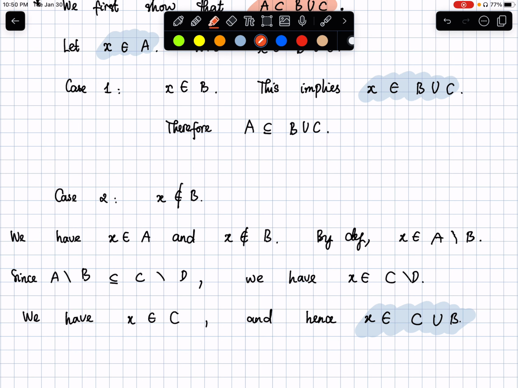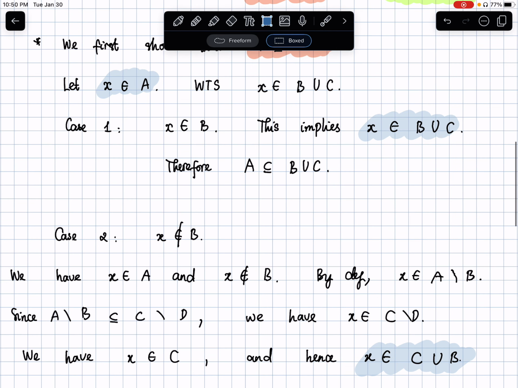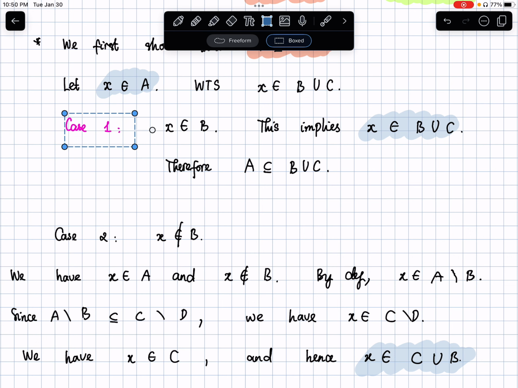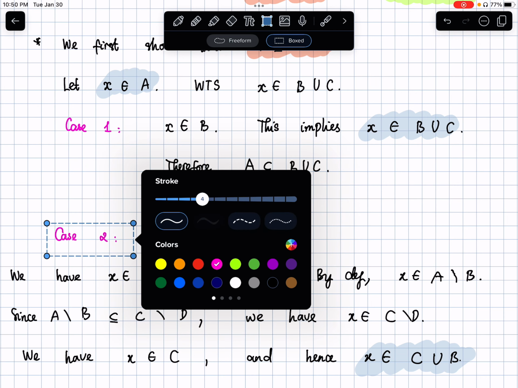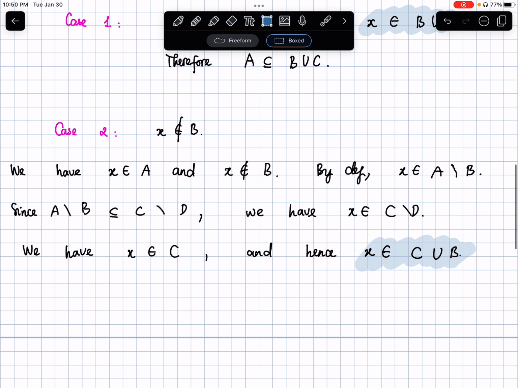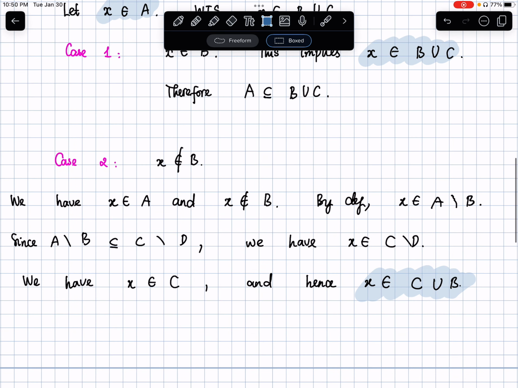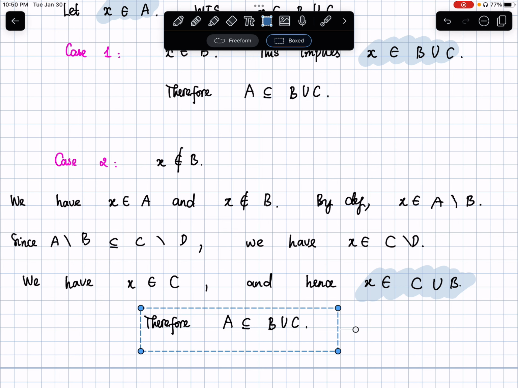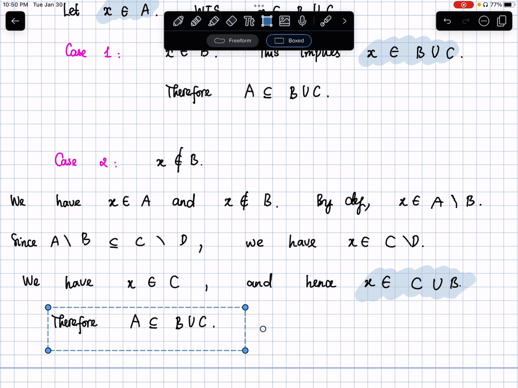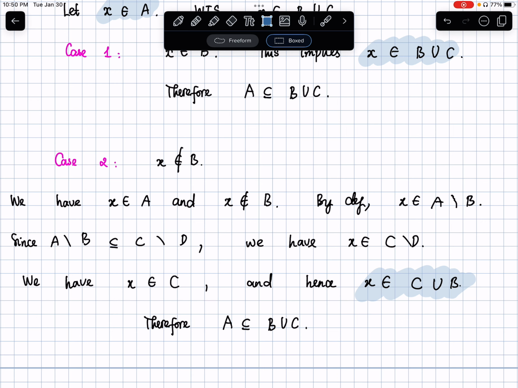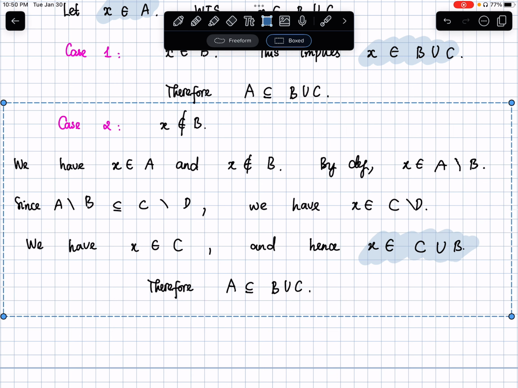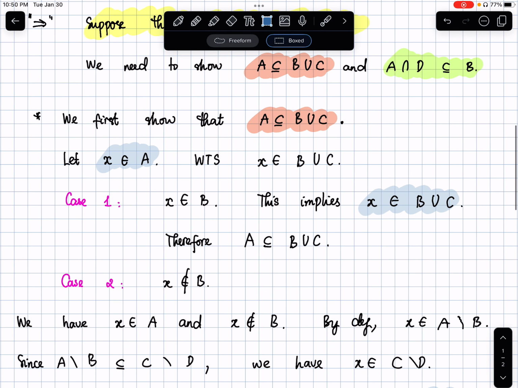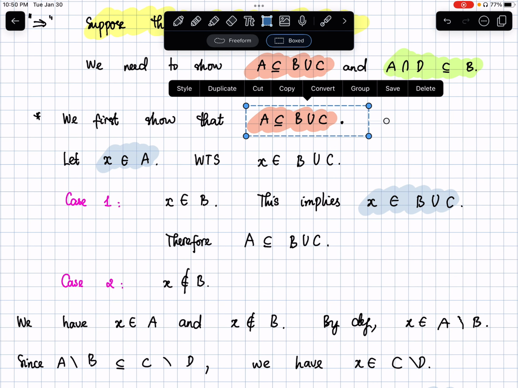So for both cases, we also have A is a subset of B union C. Okay. So we have done this first part.